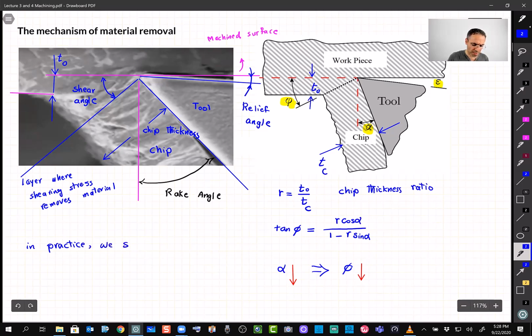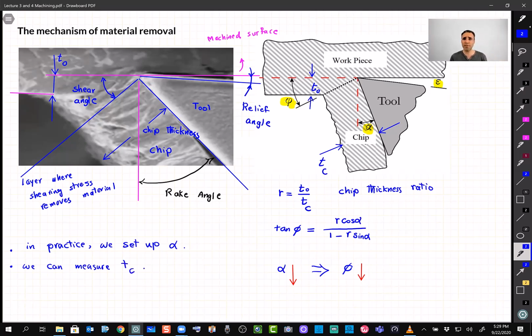we set up alpha. So this is our decision. What do we want for alpha, the angle? That's like the knife when we cut butter, that's our decision. We can measure TC. This is something after we cut, we measure the chip thickness, and it's very common in machining.